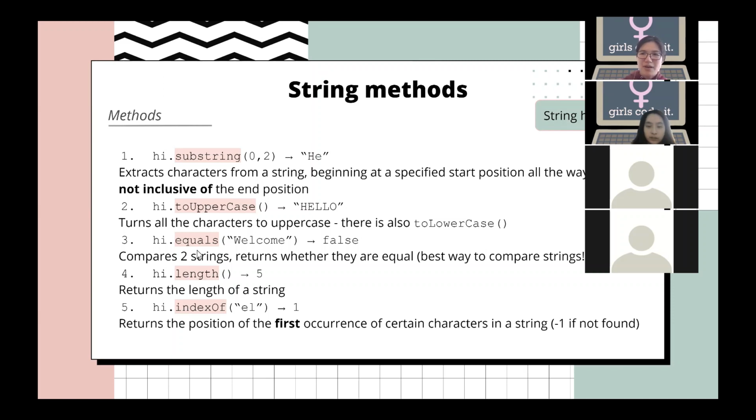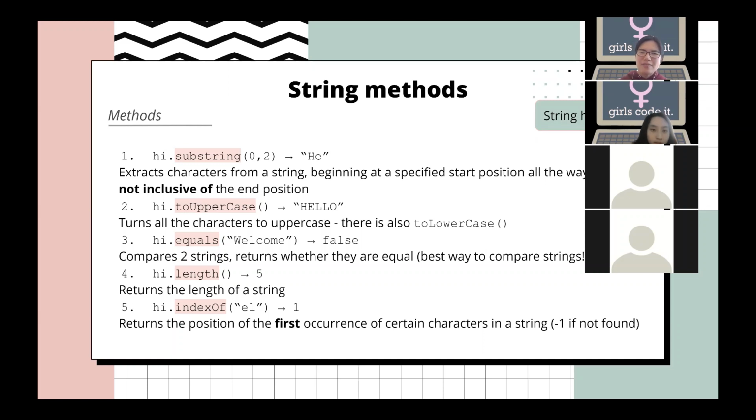If you want to actually check string equality, I would really recommend you use the dot equals method. For all your objects, you should have a method called dot equals, and it will check for the value equality of the object.